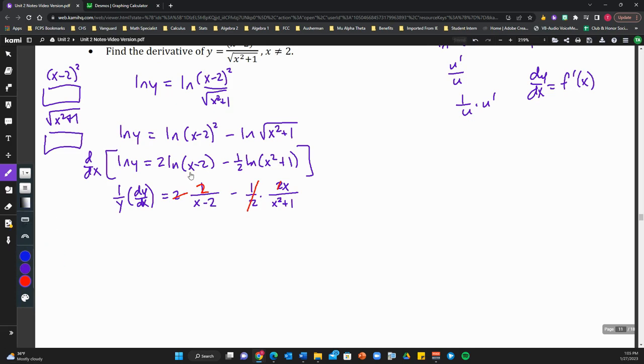So remember that when we go to combine fractions, they need to have the common denominator. X minus 2 and x squared plus 1 don't share any common factors. So in this case, our least common denominator is just simply their product. So this whole time, nothing's going to change on the left side. But on the right side, I'm essentially multiplying each of these fractions by the other's denominator, but in top and bottom.